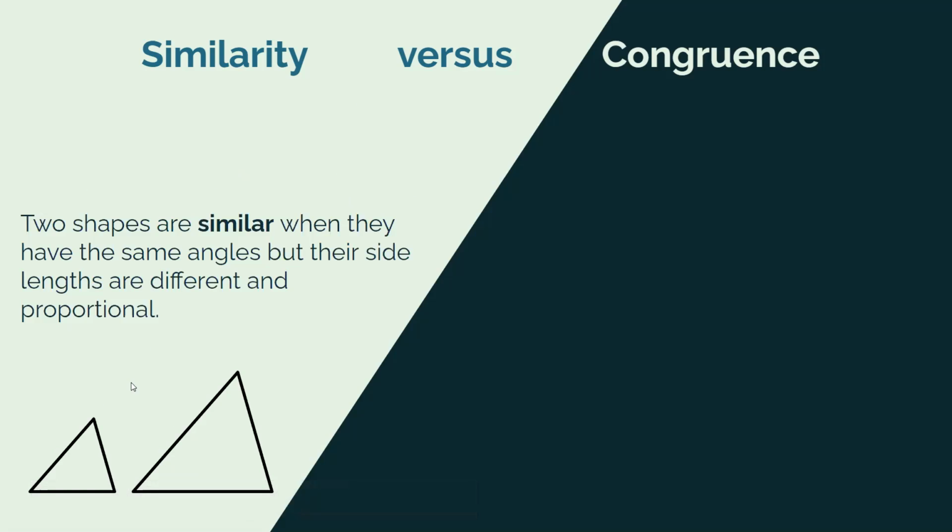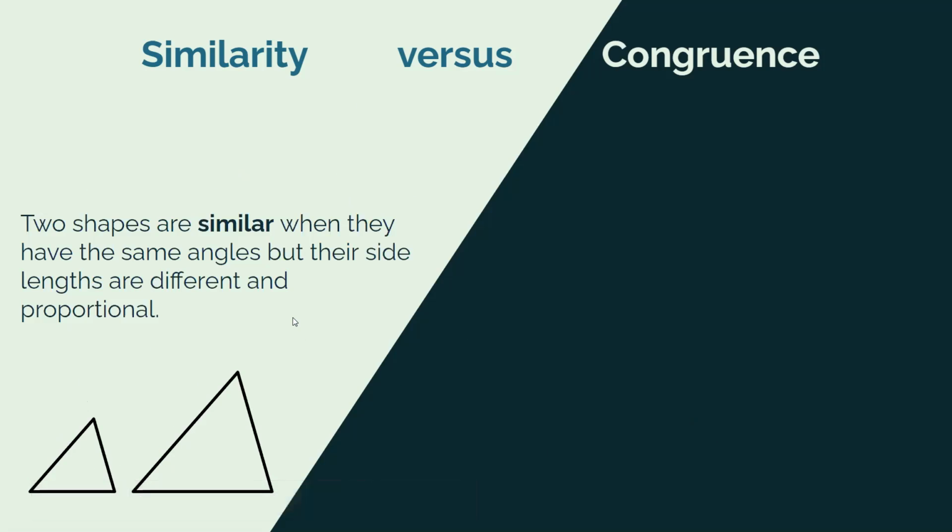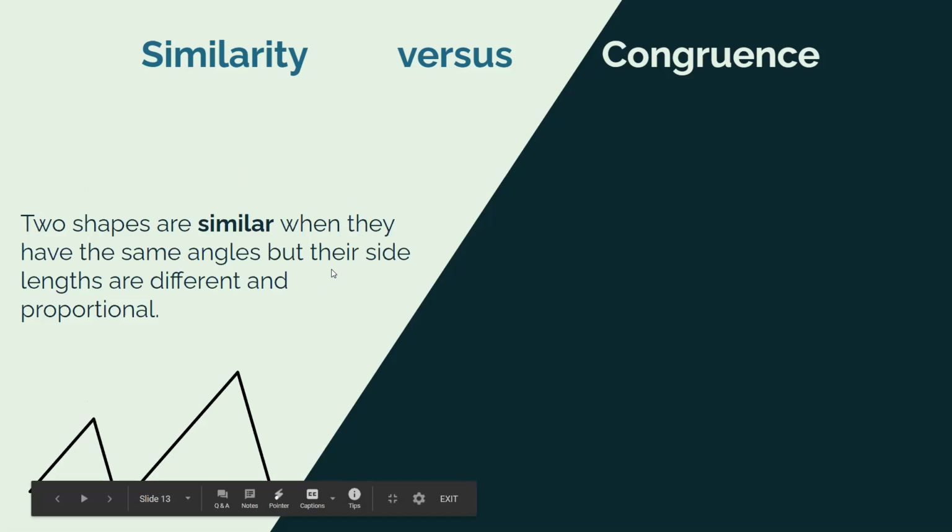I don't really have a mouse pointer to show you, but the ratio of this side to this side would be the same as the ratio of this side to this side. So if the leftmost side was 5, and the leftmost side of the other triangle was 10, and the other side was 4, then the corresponding side of the larger triangle would be 8, since the ratio is 1 to 2.